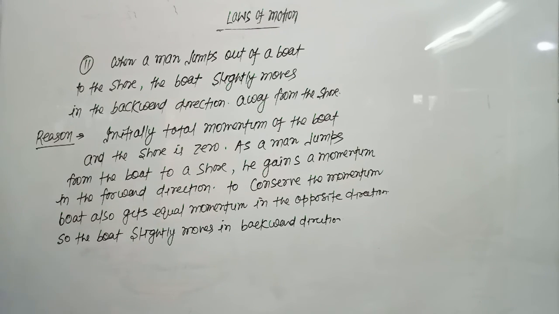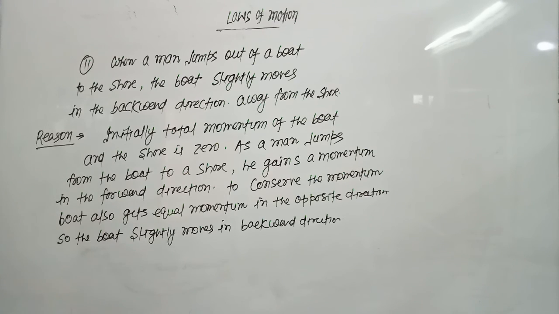So initially, before jumping, both boat and man are at rest, and as the man jumps from the boat, he gains a momentum in the forward direction because he jumps in the forward direction.